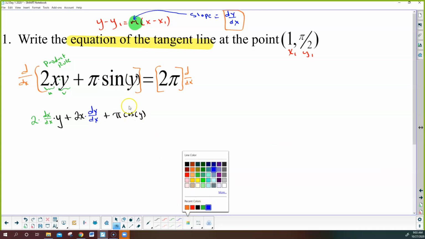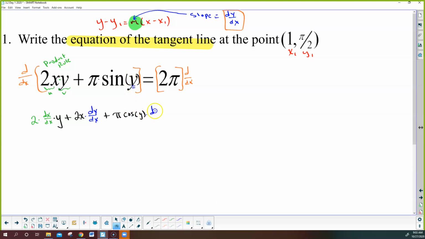And then we have to multiply by the derivative of the inner part, and the derivative of y is 1 dy dx. So that's the derivative of the left side. We had a product rule to get the first part, and officially a chain rule to get the second part. And then over here on the far right, the derivative of 2 pi, that's a constant, so it's equal to 0.